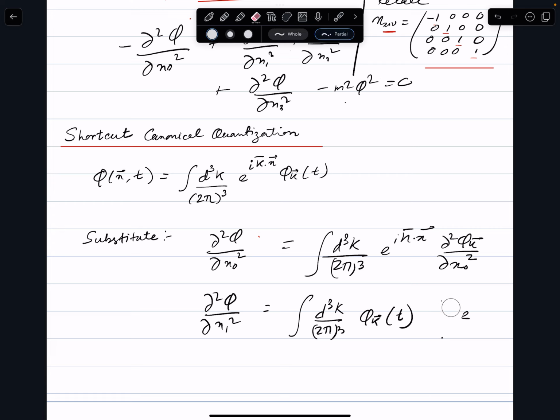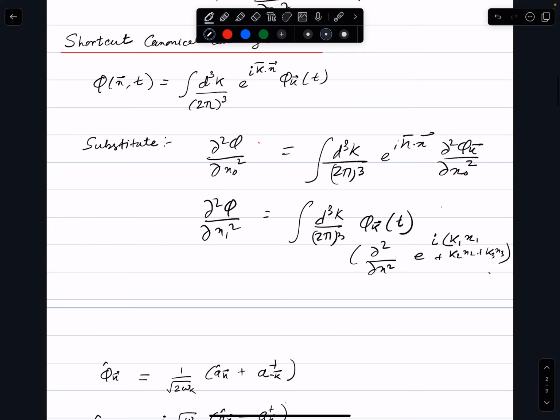So let me write this, del 2 del x1 square of e to the power i k dot x. What is k dot x? It is k1 x1 plus k2 x2 plus k3 x3, right? And then when we want to do this derivative, what do we get?